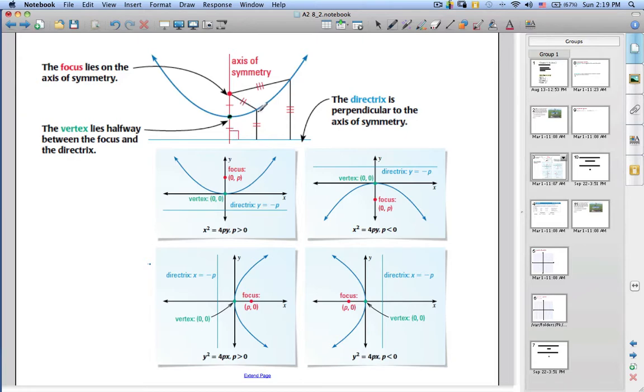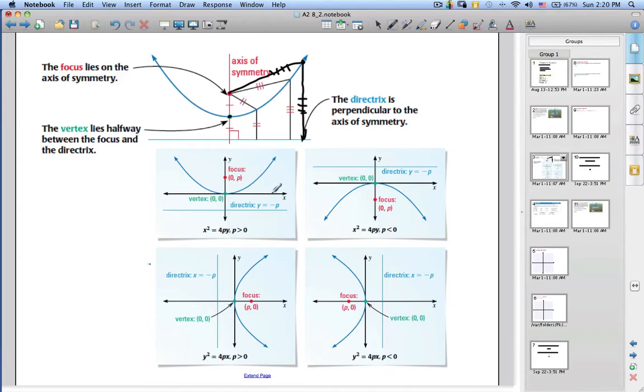In fact, every point on the parabola is equidistant from the focus and the directrix. So it doesn't matter where I pick a point. If I pick a point all the way out here, it is the same distance from the focus as it is from the directrix. Okay, so the directrix is a line, the focus is a point.